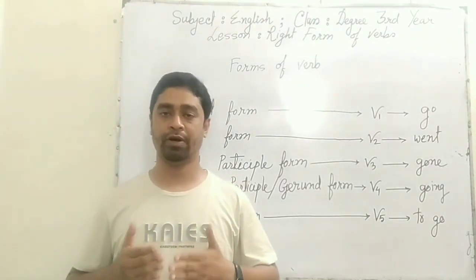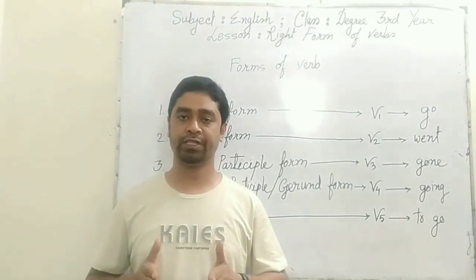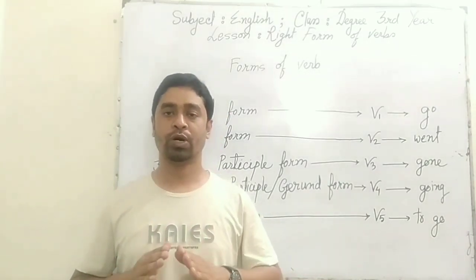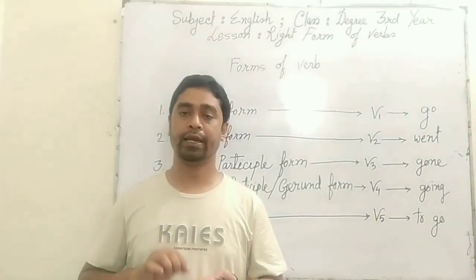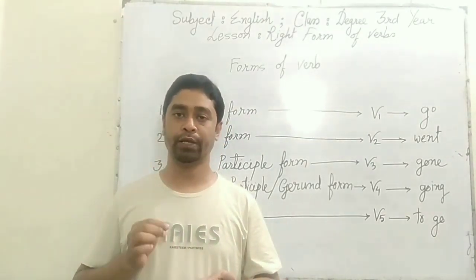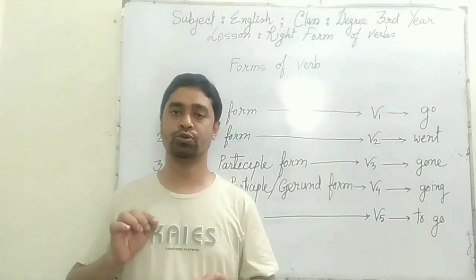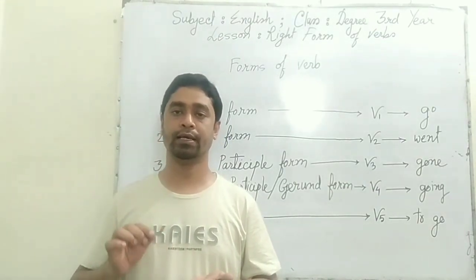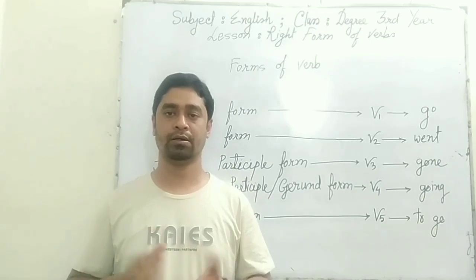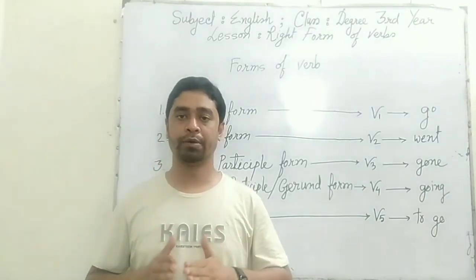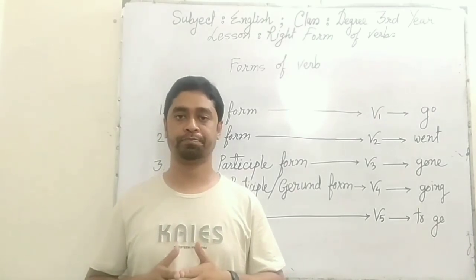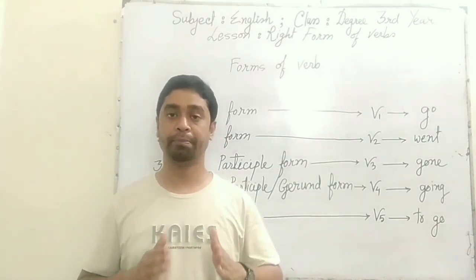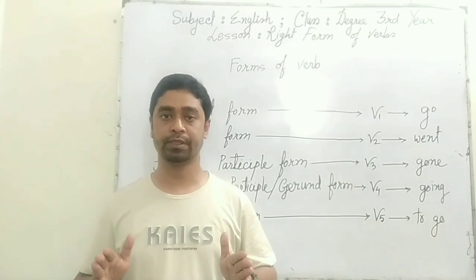Right form of verbs. At first, we should know what a verb is. A verb is an action word by which a thing is to do or a thing is to be done. Right form of verb means correct form of verb. That means a verb has several forms.